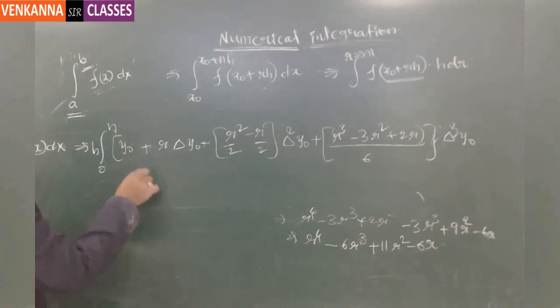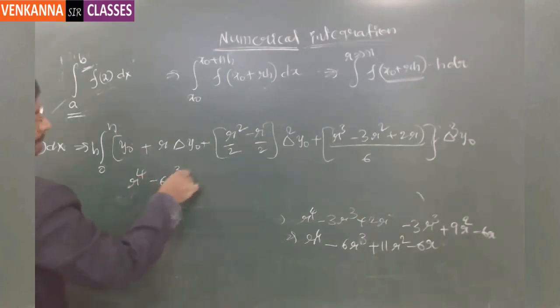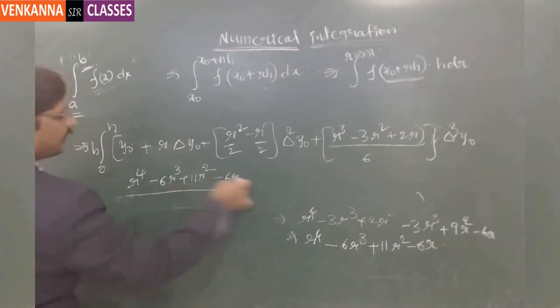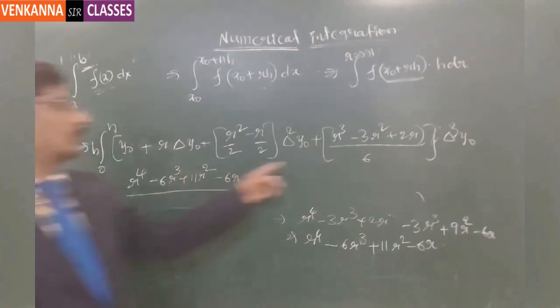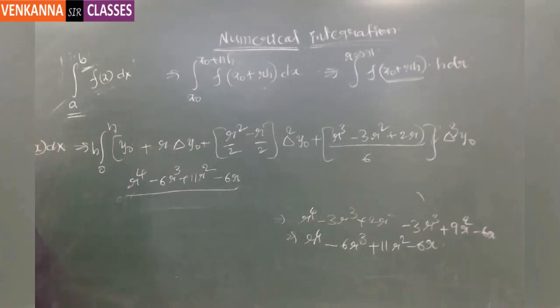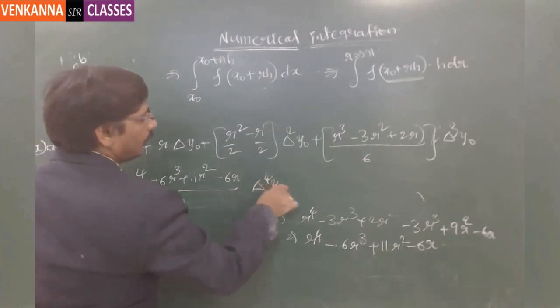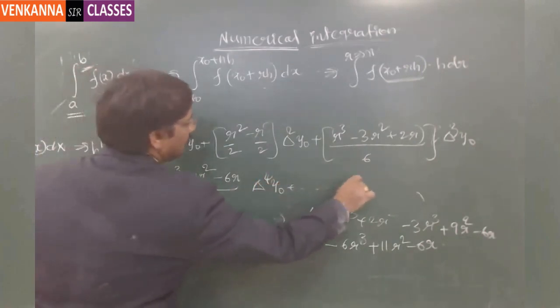R power 4 minus 6r cube plus 11r square minus 6r divided by, this is 2 factorial, this is 3 factorial and this is 4 factorial. So 4 factorial is 24. Delta power 4 y naught plus and so on up to infinity.